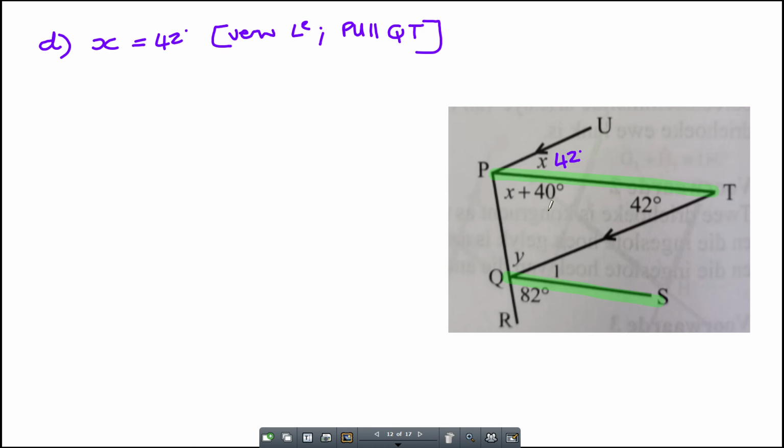Nee, so kom ons skryf gou daar TPQ would then be 42 plus 40, met ander woorde 82. Jy sal sien ek gee nie 'n rede daar nie, want ek het eintlik net gaan instel. Ek wys net hoe groot daai hoekie is, nee. Okay. Now, I basically need Y and Q1. Nee, want dan, of ek kort net Q1 ook, want dan kan ek weer daar gaan verwisselende hoeke gaan bewys. So wat is ons volgende stap? Wat sê julle? Laat ek hoor. Ja.